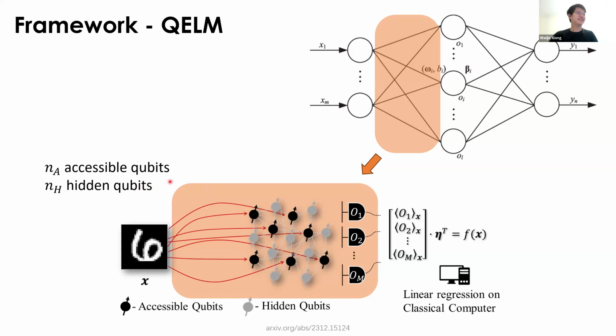We will see that the number of accessible qubits NA will significantly affect the performance of QELM, while NH can be considered as a hyperparameter. Basically, NH will probably affect the inductive bias of this system.